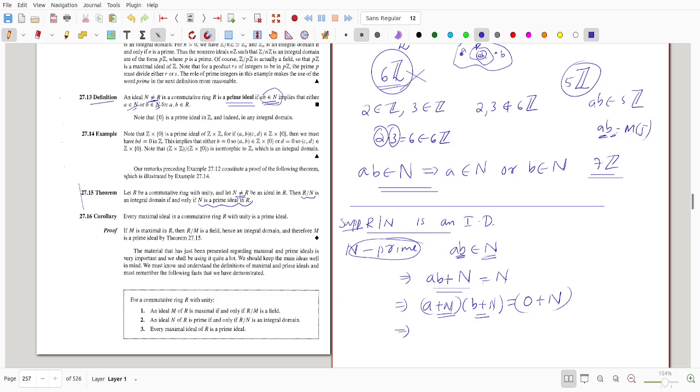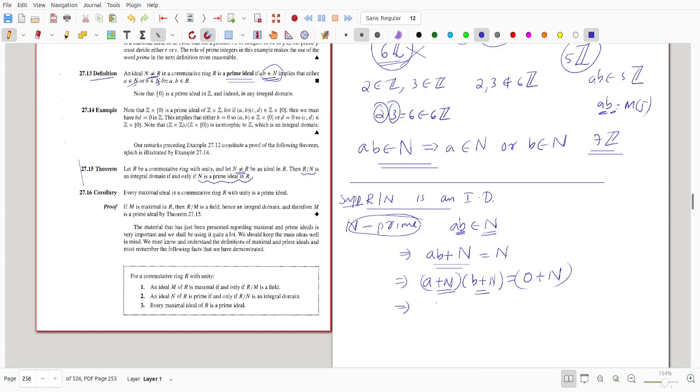Since this AB is a member of N, then the coset is the same as N. From this you can get two elements of R over N. This is a member of R over N, and this is also a member of R over N. When you multiply these, then you will get 0.